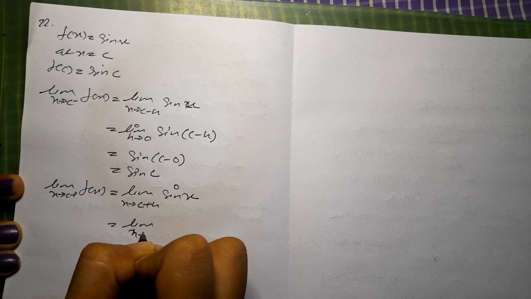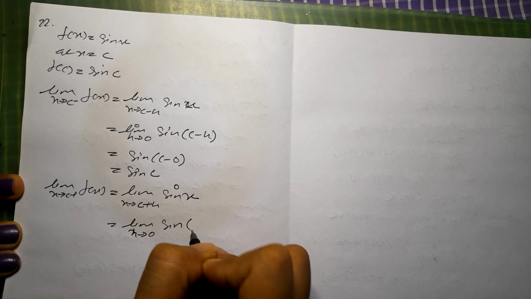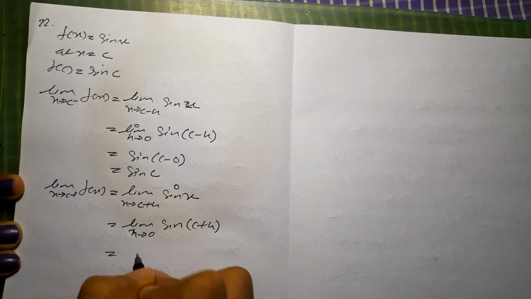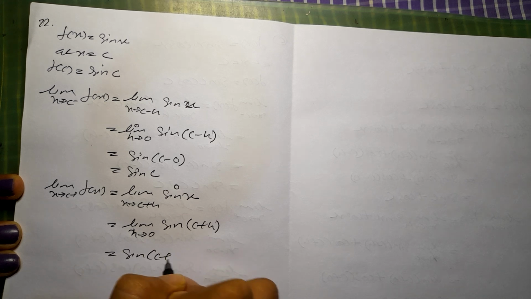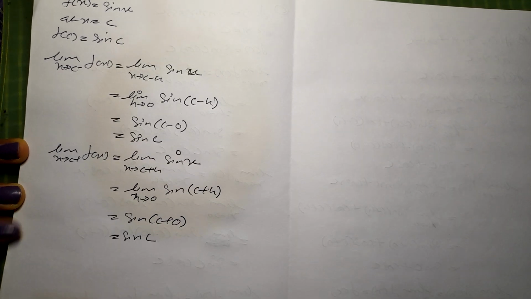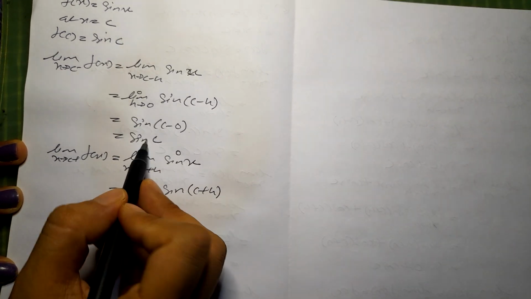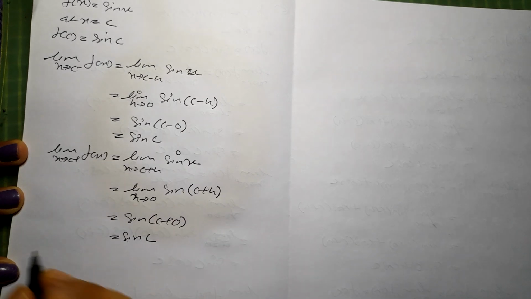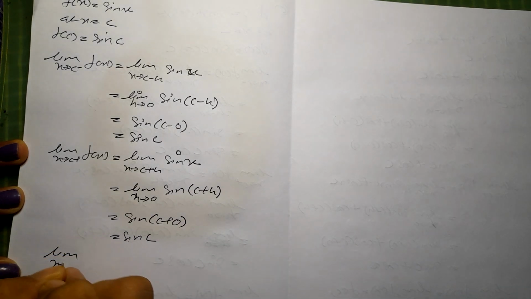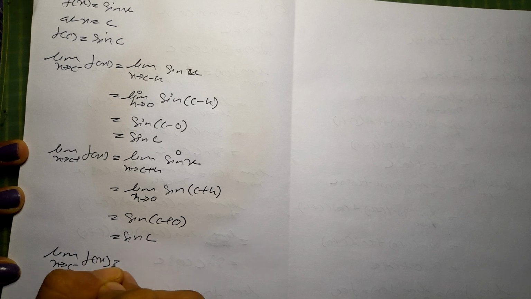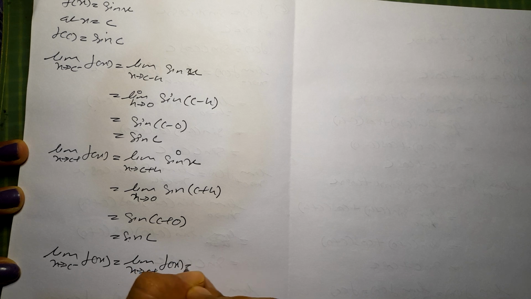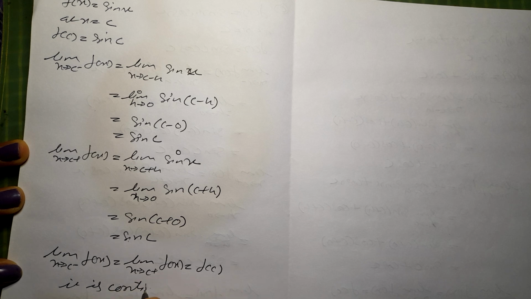Limit h tends to 0 of sin(c plus h) will give sin(c plus 0), that is sin c. So sine is continuous. Right hand limit, left hand limit and f(c) are the same. So limit x tends to c minus of f(x) is equal to limit x tends to c plus of f(x) is equal to f(c). So it is continuous.